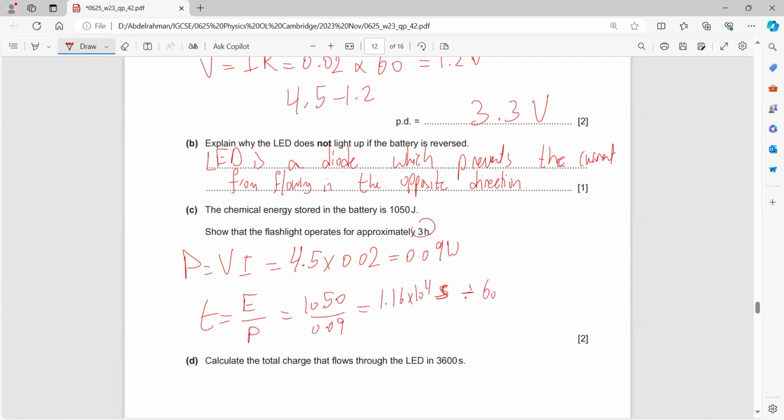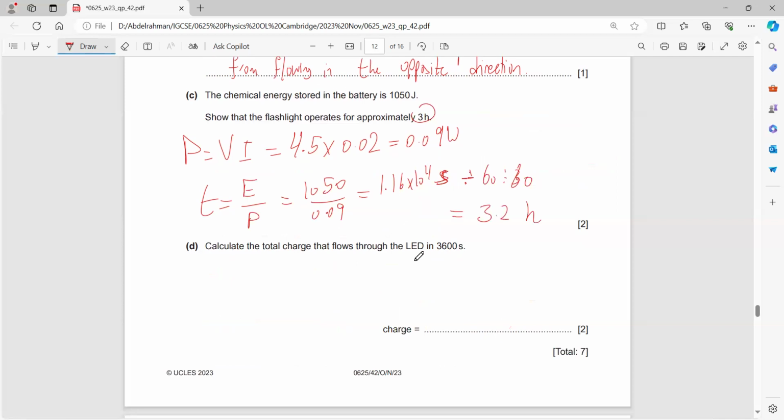Divide by 3,600, which will give me a total time of 3.24 hours, about 3.2 hours.